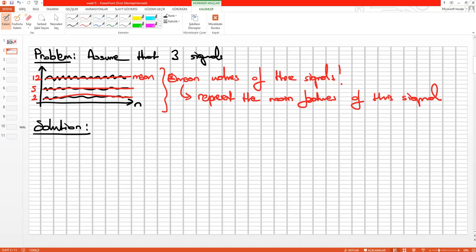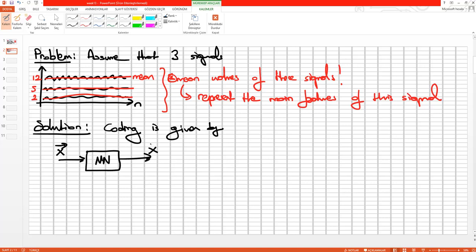firstly, we need to understand the coding in terms of the input and output. Coding is given by this: if we have any model here, like this x vector, and we have any neural network application, we take the same x vector, right?